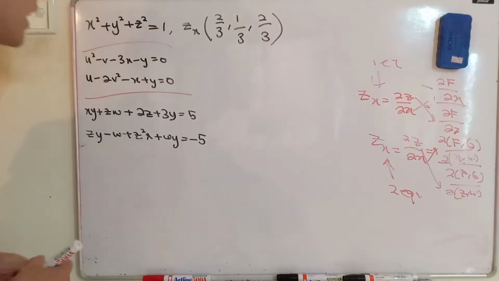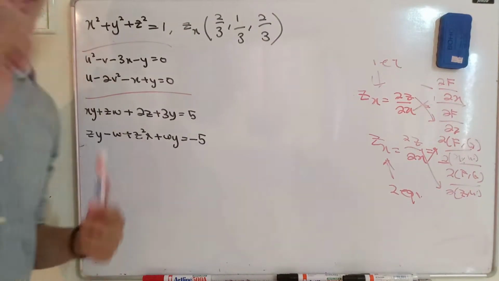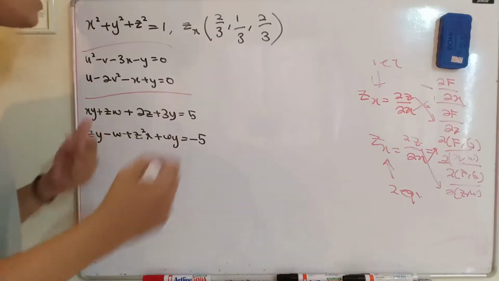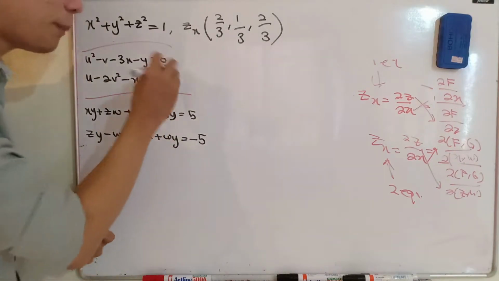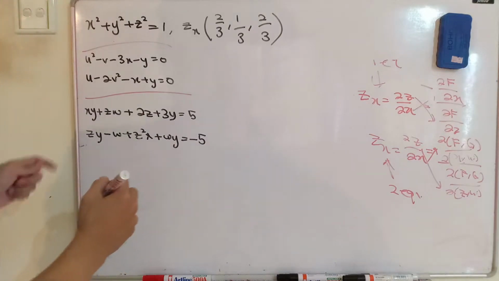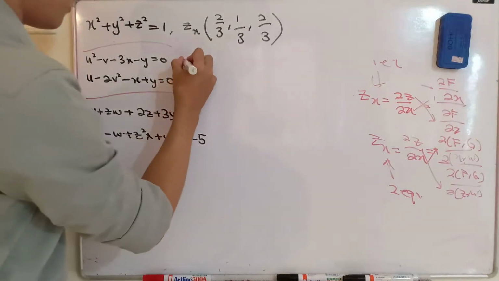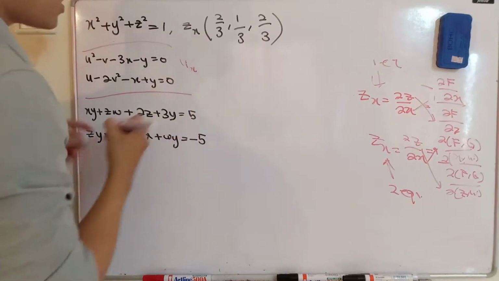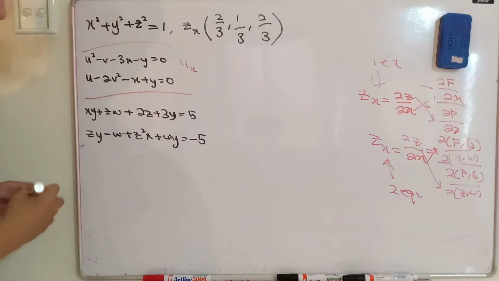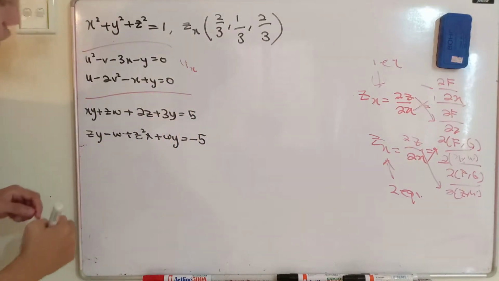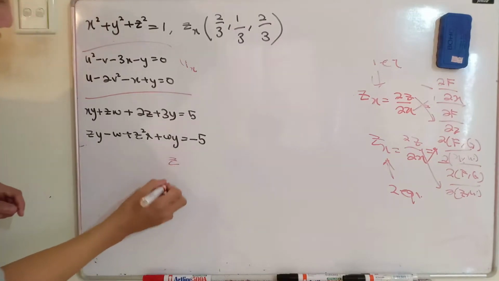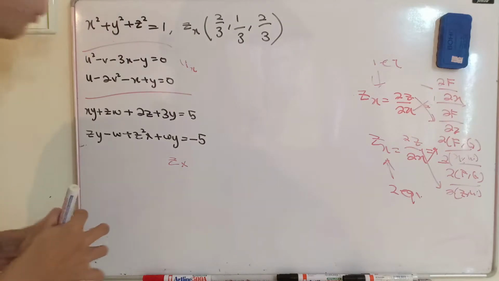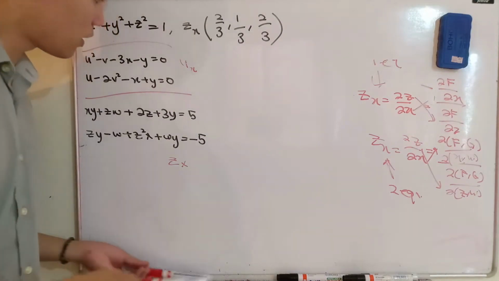For the second question, I want to differentiate. I can differentiate anything over here, but it depends on your question. Let's say I want to differentiate u with respect to x, and here I'm going to differentiate z with respect to x. I'm not sure why I like x a lot.